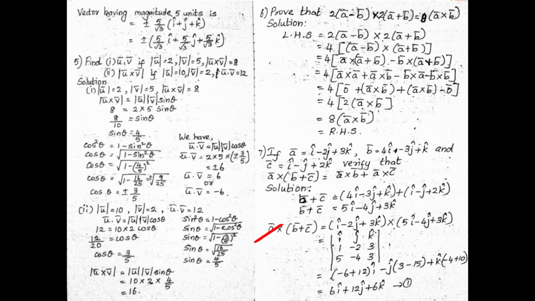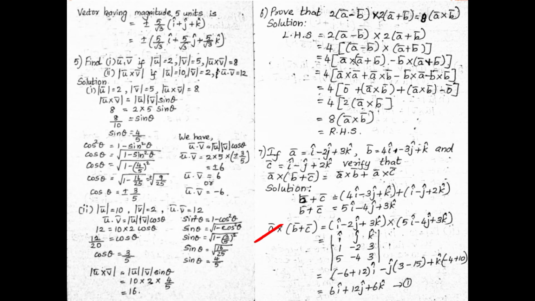Which is equal to 2 into 2 a vector minus b vector cross a vector plus b vector. Then first multiply a vector with the second bracket, then minus b vector with the second bracket. So a vector cross a vector plus b vector minus b vector cross a vector plus b vector, which is equal to 4 of a vector cross a vector plus a vector cross b vector minus b vector cross a vector minus b vector cross b vector.